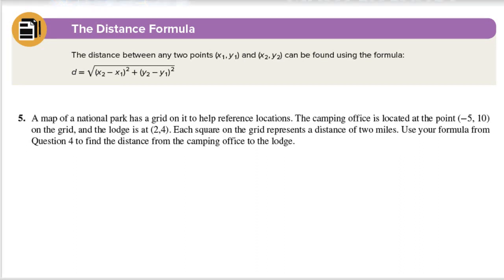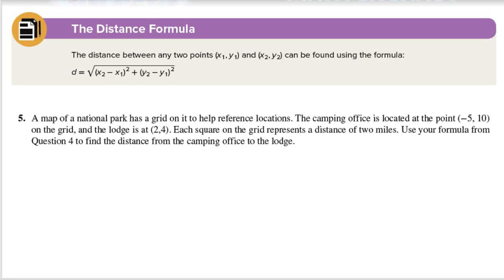I want the rise, the vertical side of the triangle, I do y2 minus y1. I just square those two numbers, add them together, and then take the square root. It's the same as any other application of the Pythagorean theorem. Question 5. Restart the video after you've done question 5.